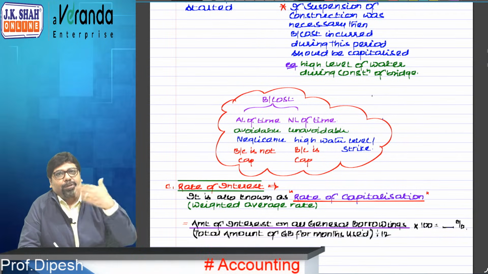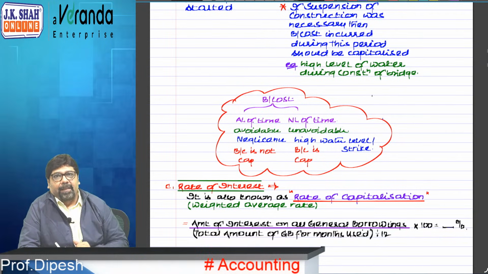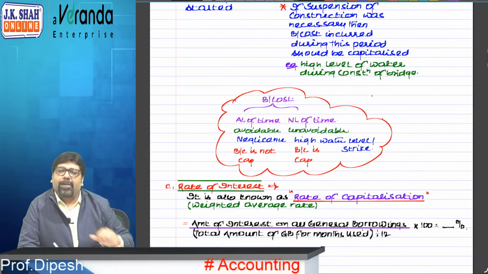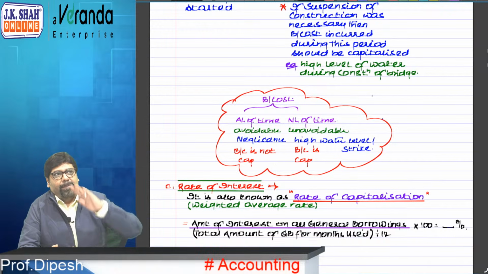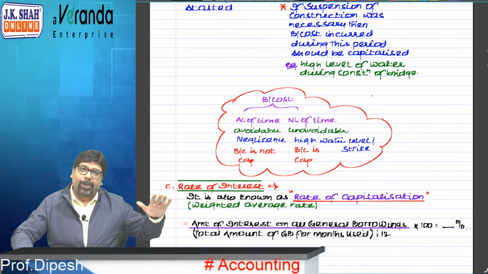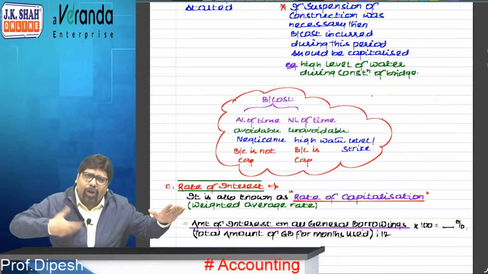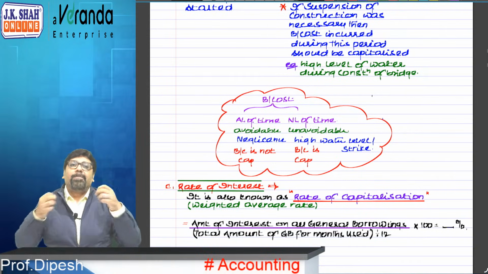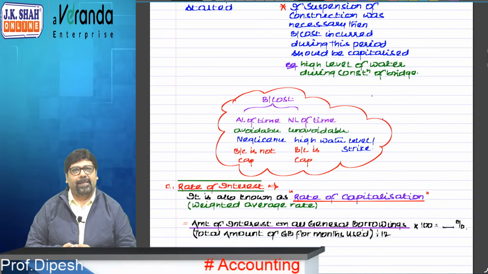But if I had to stop work because of heavy rains, water level had risen, COVID, all this was not within my control. Then borrowing cost capitalization will continue. So capitalization will stop if I have stopped the work because of my negligence.